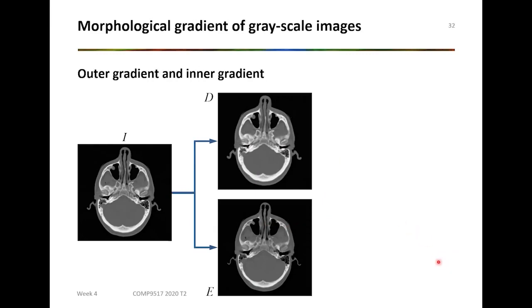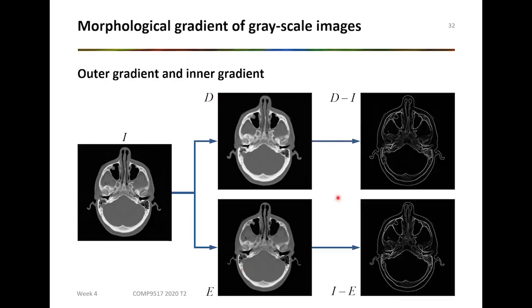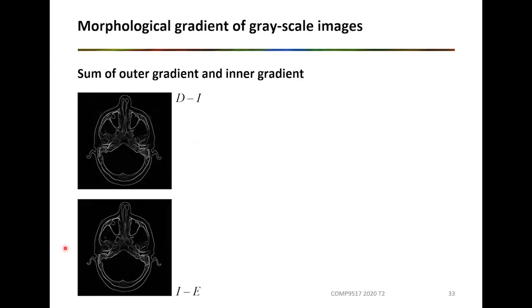And here as well, we can talk about the concept of outer gradient and inner gradient, similar as for the binary case. So if we look at the dilation and the erosion, and you would take the difference between the dilation and the input image, or the difference between the input image and the erosion, you get the outer and the inner edges, you could say. This can be nicely illustrated by using color coding.